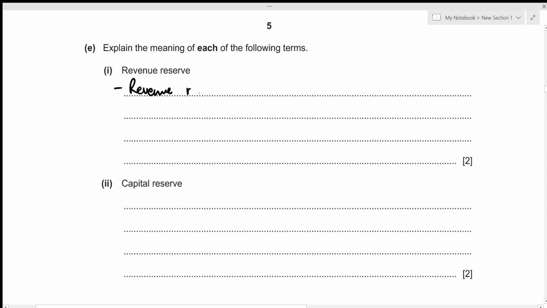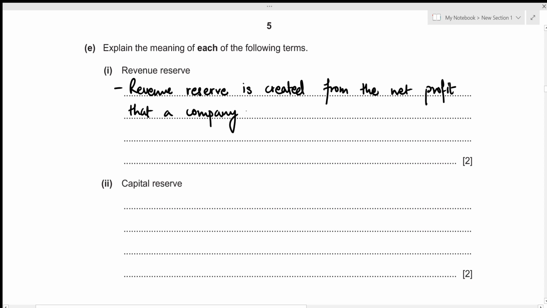Revenue reserve is created from the net profit that a company makes during a financial year. This can also be termed as profit from trading activities.